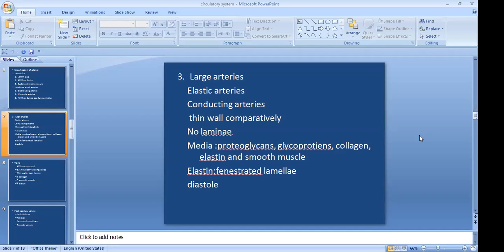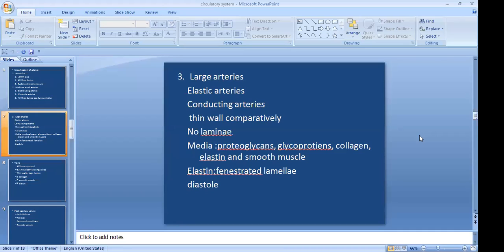I already discussed that in the tunica intima there is an internal elastic lamina, and in the tunica media there is an external elastic lamina. But in large arteries there is no internal elastic lamina in the tunica intima, and no external elastic lamina in the tunica media. This is the most important point in the identification of the large arteries.